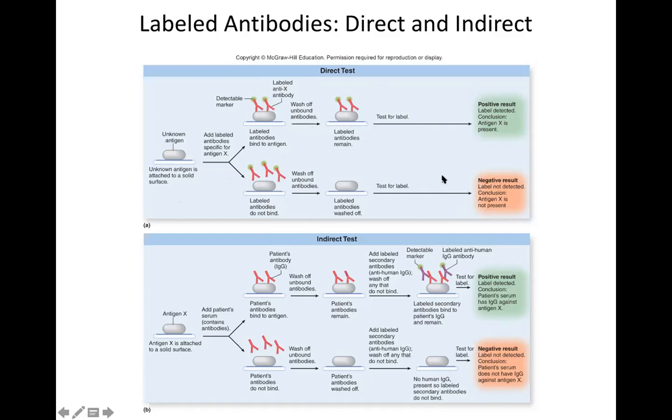And then you're able to detect the presence of that antibody. And that would indicate that, hey, I have this big sample with a bunch of antigens in it, and I can then say, yes, antigen X is in that unknown sample. Down here, there's no binding, there's no fluorescence. And so you say, okay, antigen X is not in that sample.